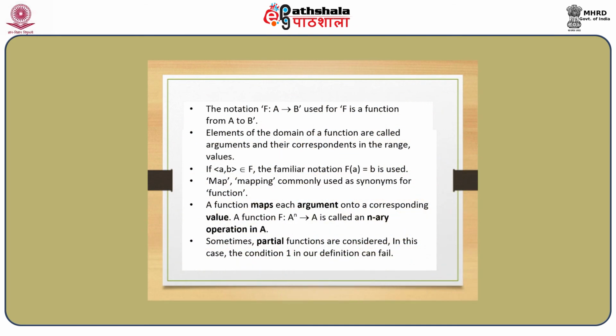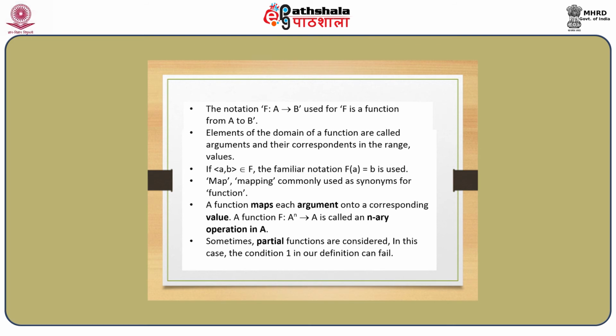The notation f: A → B is frequently used in order to say that f is a function from A to B. Elements of the domain of a function are called arguments, and their correspondents in the range, their values.